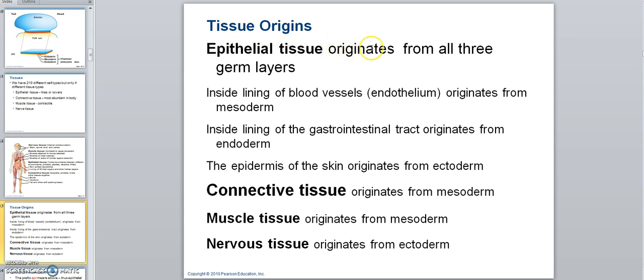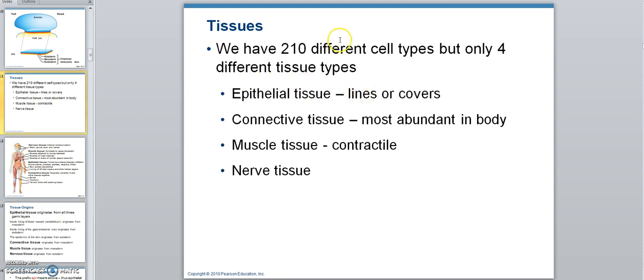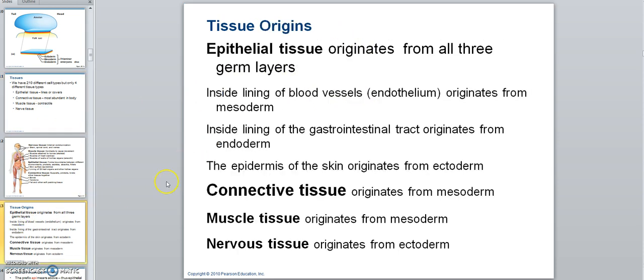Epithelial tissue can originate from all 3 germ layers. It's the only one. Remember, epithelial lines and covers. If it's the lining inside blood vessels, the endothelium, it originates from mesoderm. If it's the inside lining of your gastrointestinal tract, intestines and so forth, it arises from endoderm.